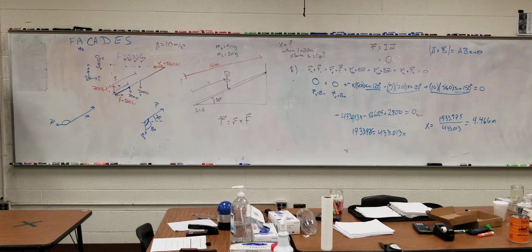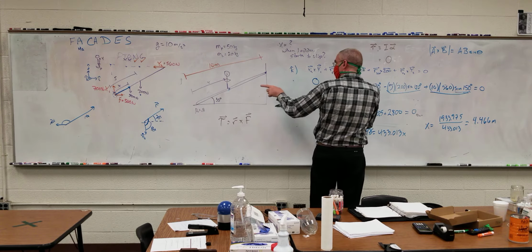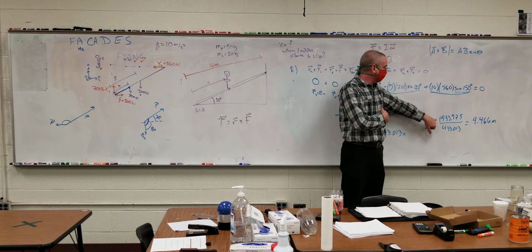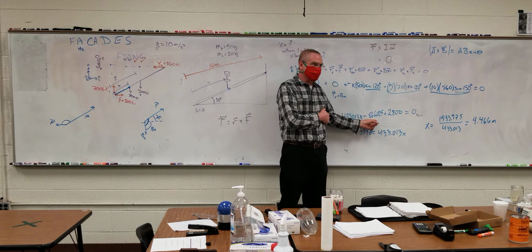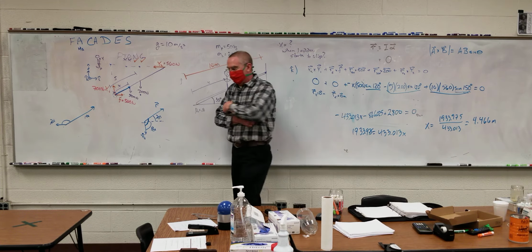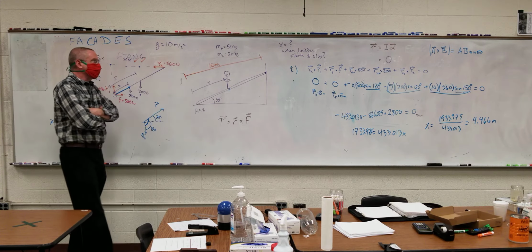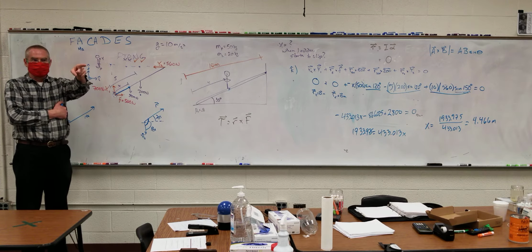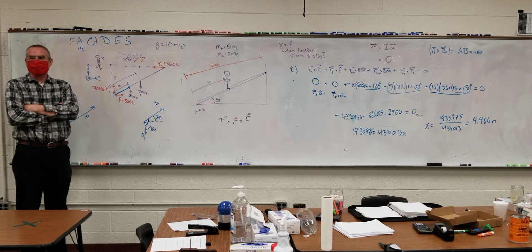It would slip before he even stepped on it. And we could have arranged that, because if the coefficient of friction were smaller, this number would have been smaller, which would have made this number smaller, and as long as ultimately this had dropped below that in magnitude, we would have gotten a negative answer, and it would start slipping before he steps on it. Suppose we had a value of x that was more than 10 meters. Then it wouldn't slip, no matter how far up he went.